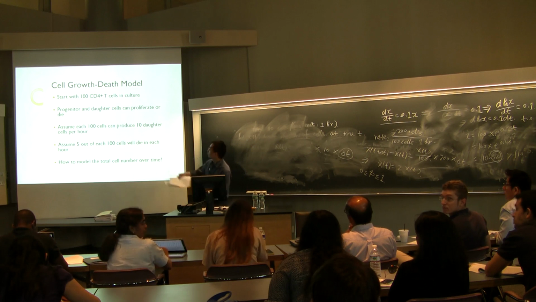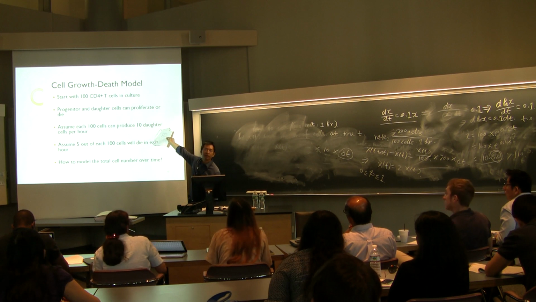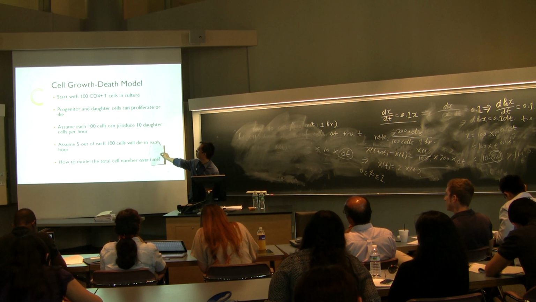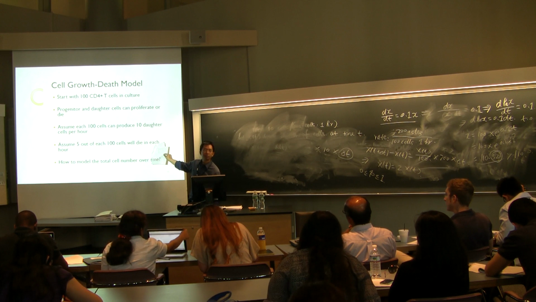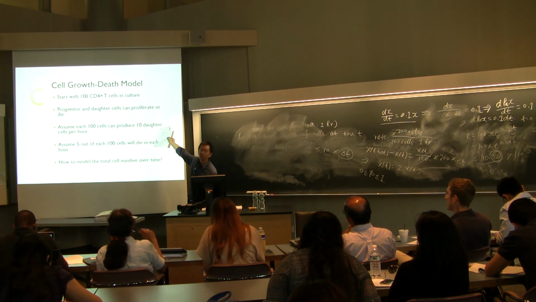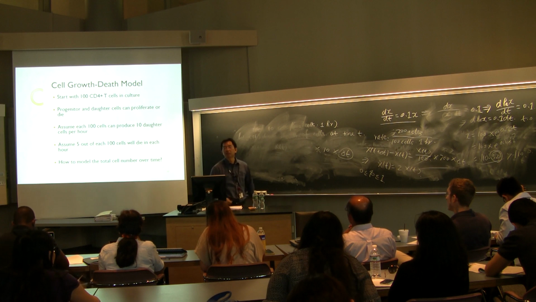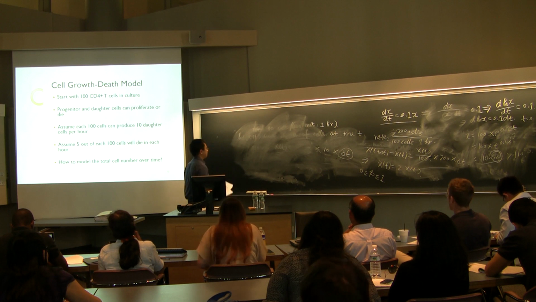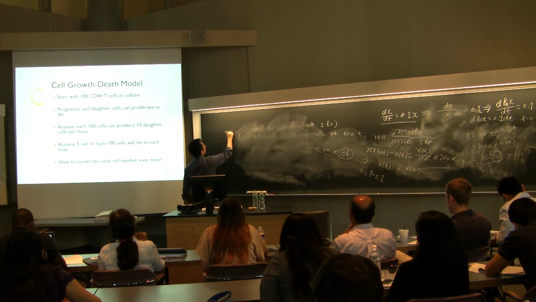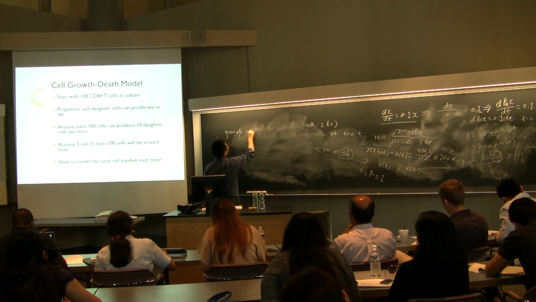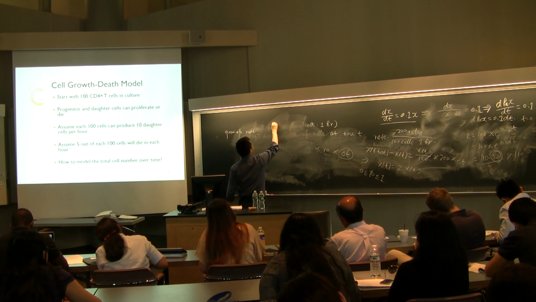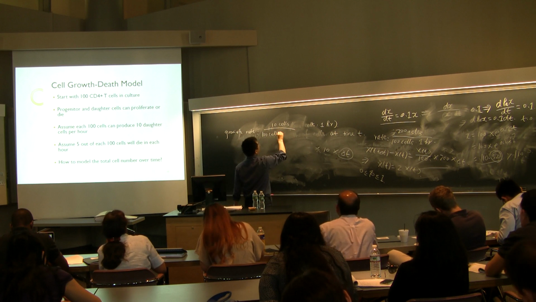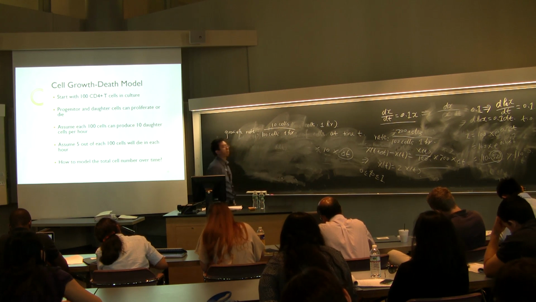This is the growth rate, and this is the death rate. 5 out of 100 cells will die per unit time, per hour. This is the proliferation. We know how to model the growth, and now we add the death into the model. So let's write it down. The growth rate is 10 cells like before, per 100 cells per unit time.